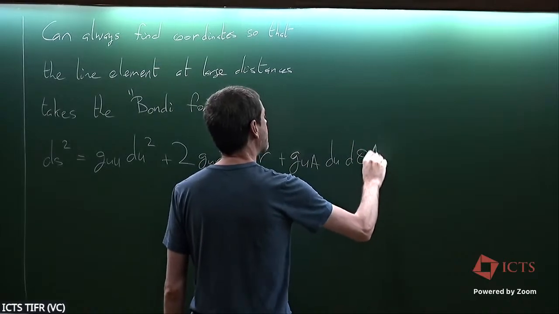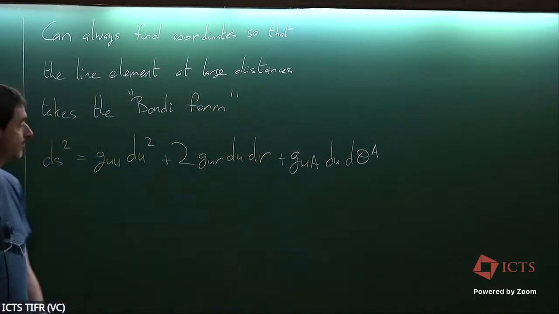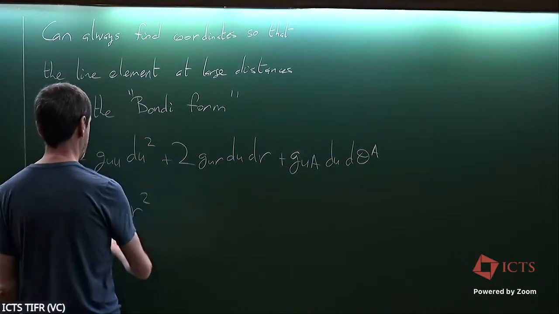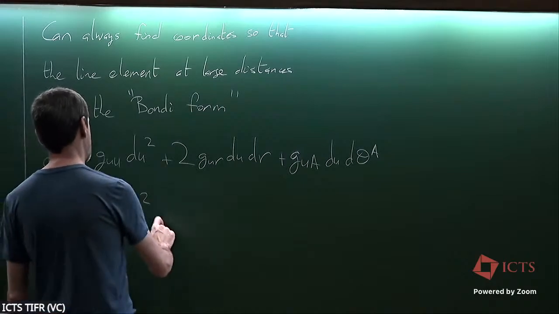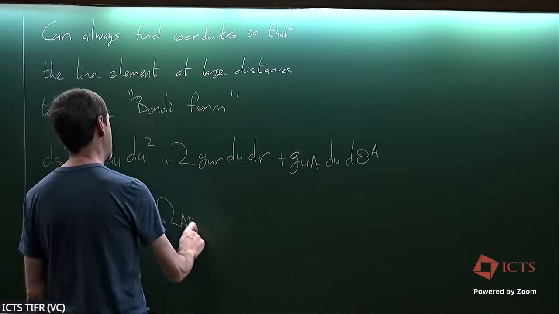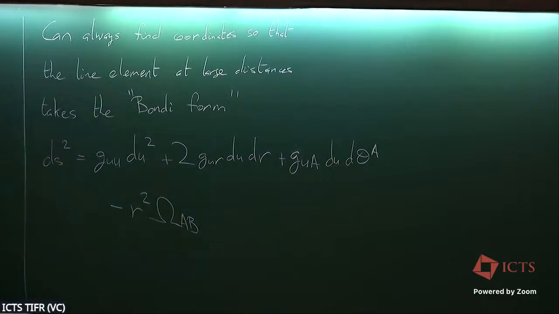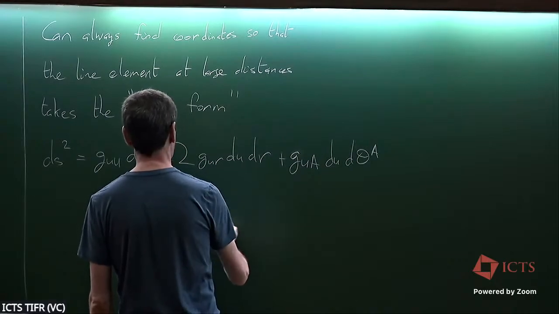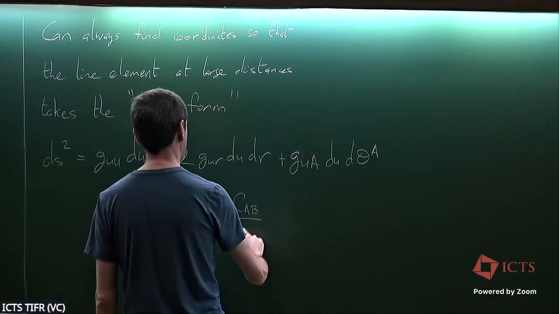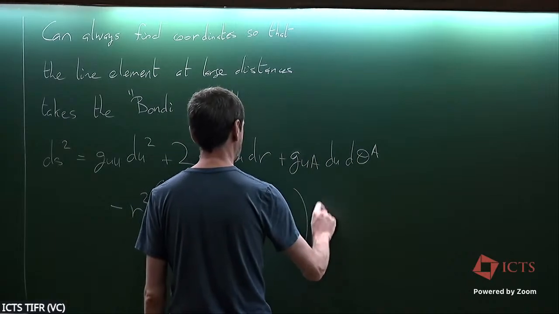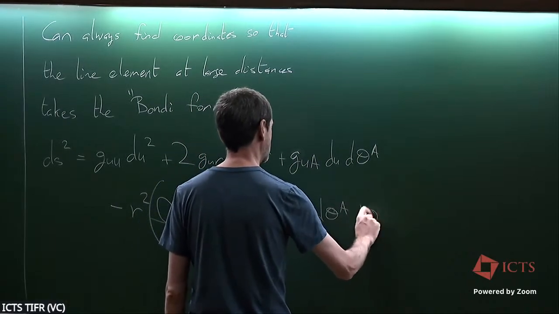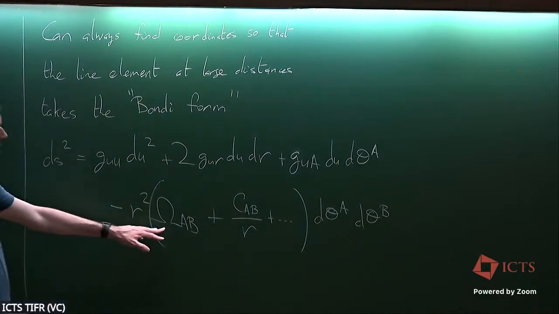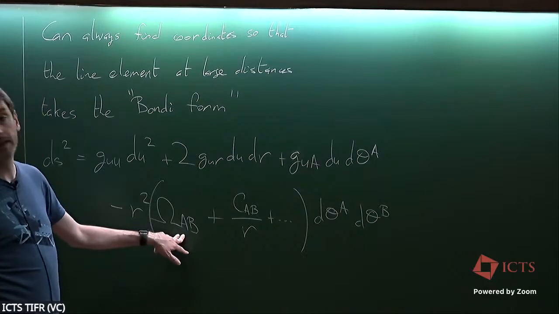I'm going to have angles theta A, where A goes from 1 to 2. Minus, this is just a mostly minus signature. So big omega is going to be just the round metric on the two-sphere.